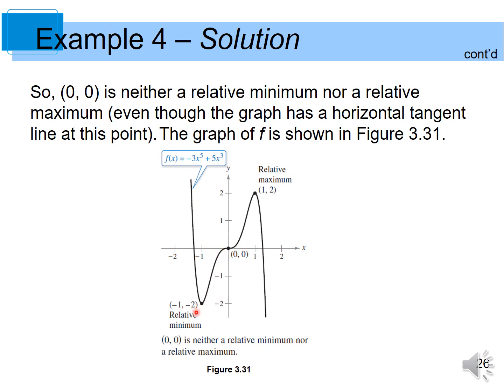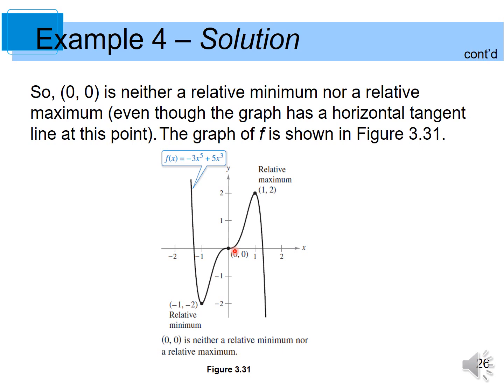Look at the first point, (-1, -2). This part is concave upward. So this point is a relative minimum. And look at the third point. The third point is a relative maximum because it's on the curve that is concave downward.